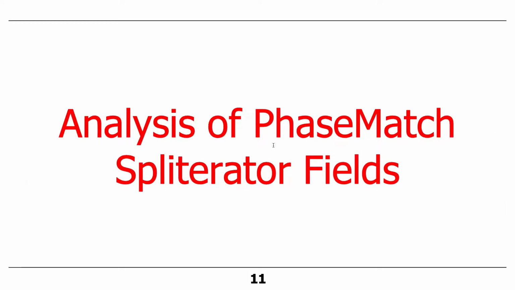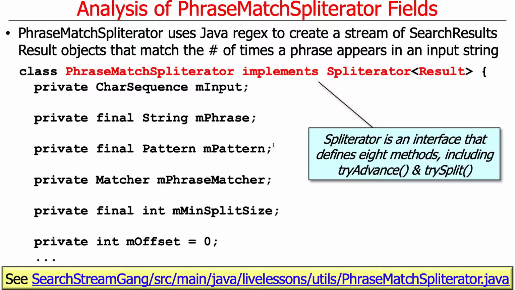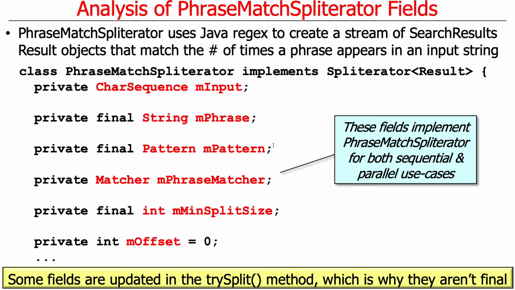So let's take a quick look at the fields. This is basically a recap of what we had talked about before. The PhraseMatchSpliterator is an interface that defines a bunch of methods, including tryAdvance and trySplit. This particular implementation uses a Java regular expression, takes the phrase, turns it into a regular expression, and then creates a stream of search result objects that will say where a given phrase occurred in the input string, what index it appeared at, if it appeared anywhere, of course.